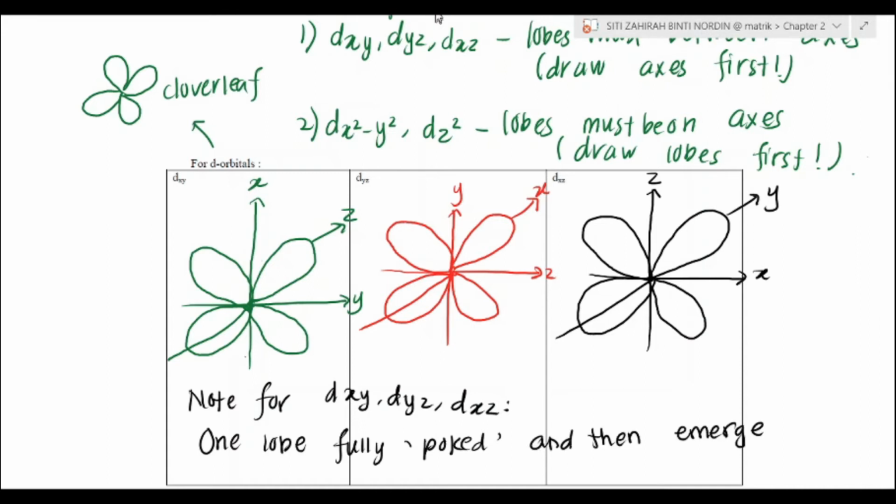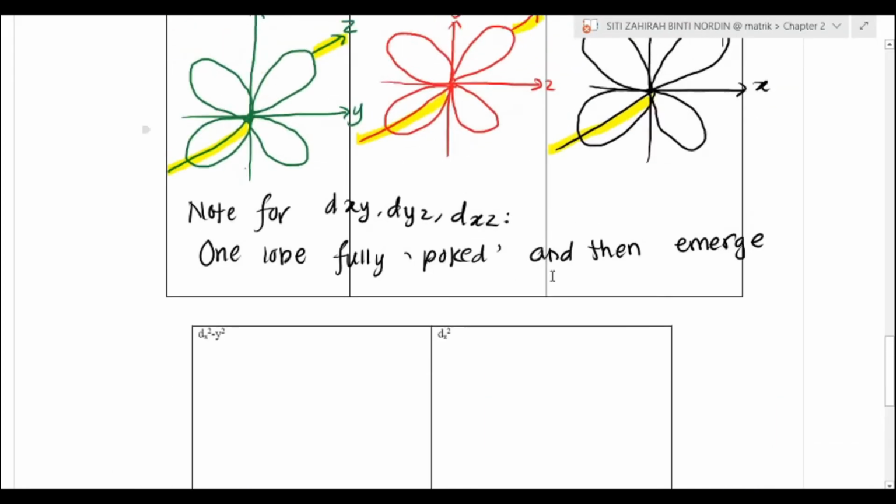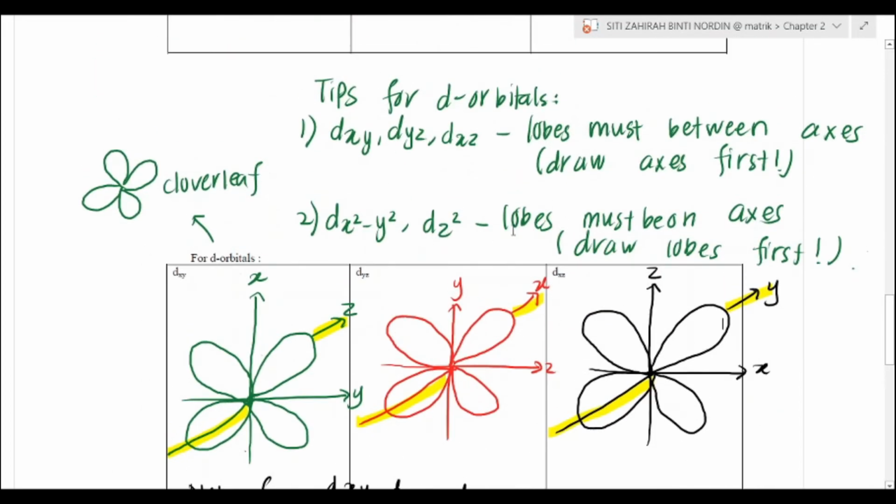See that the axis between, for example, dxy, is z, so this lobe is fully poked and this lobe will emerge. For dyz, x will be fully poked and then emerge, and for dxz, y axis will be fully poked and then emerge.